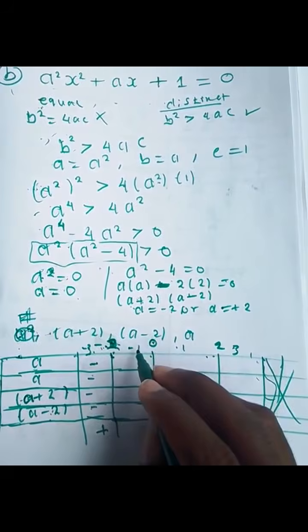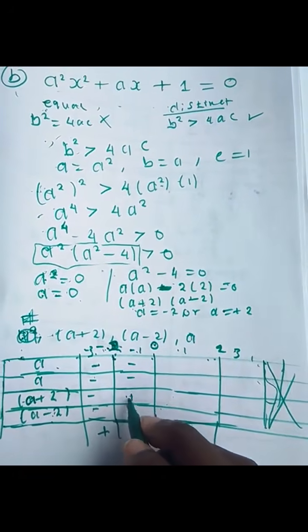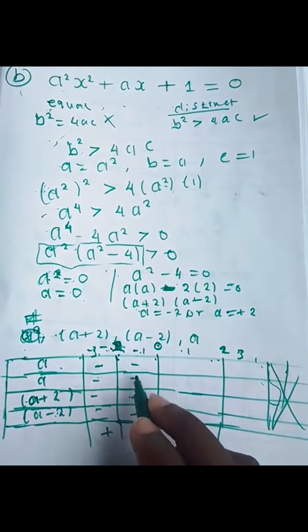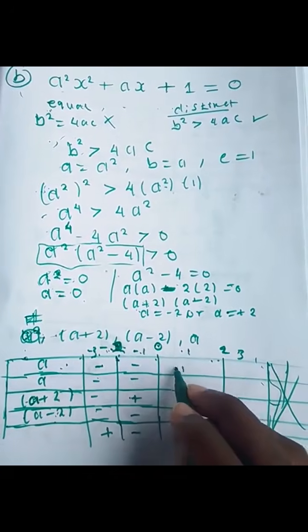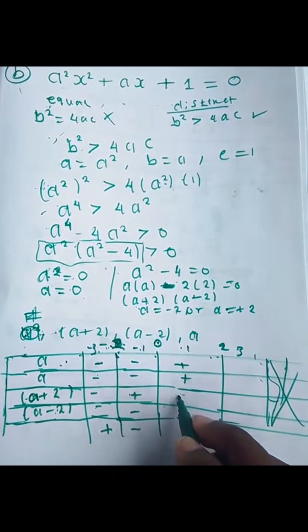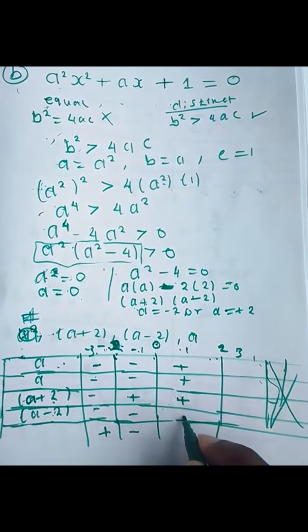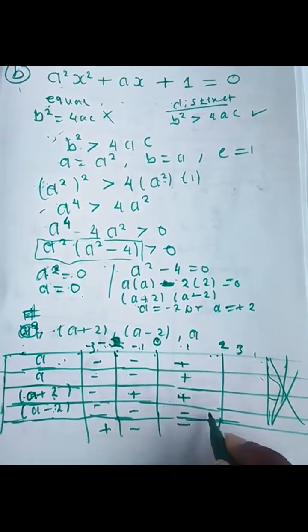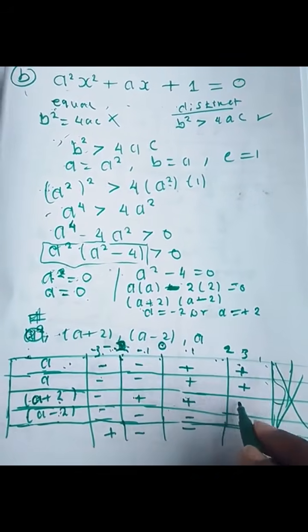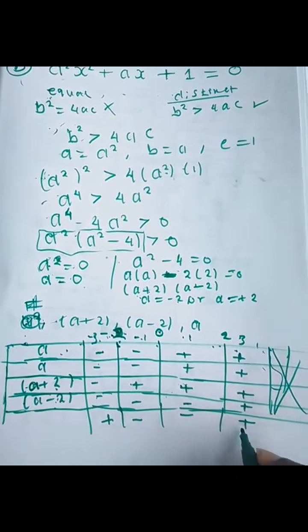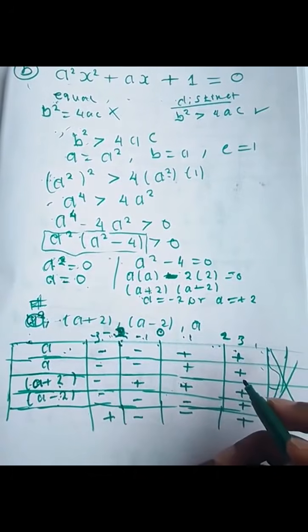If I put negative 1 here, negative, negative, positive, negative, so positive, negative 1. So put to be positive, positive. So put it there to be positive, there to be negative. If you put 3 there, it will be positive, positive, positive, and positive. So it's strange. Let me just check.